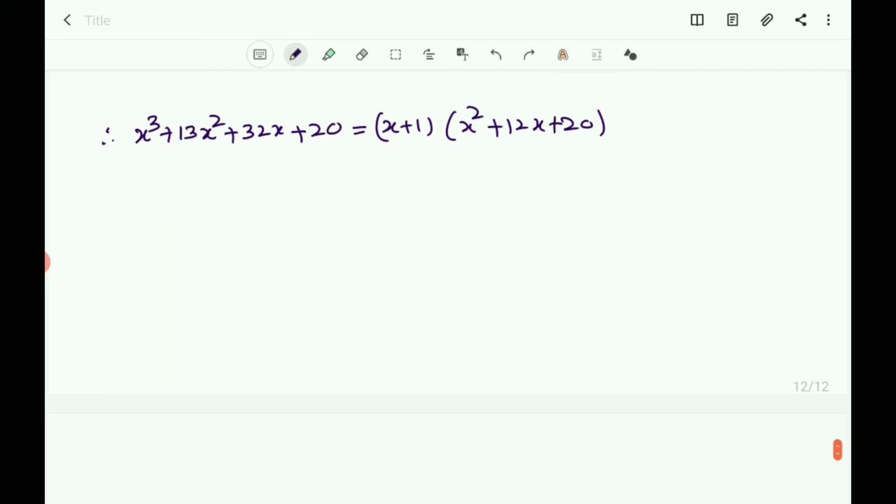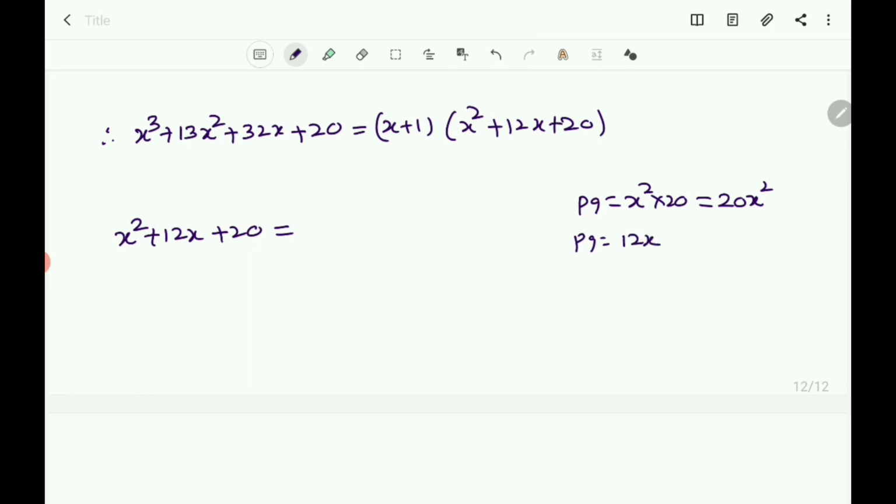By splitting the middle term you can factorize it. The product PQ is x square into 20, that is 20x square, and the sum is 12x. Middle term sign is positive, product sign is also positive. So both the factors have the same sign, plus plus.